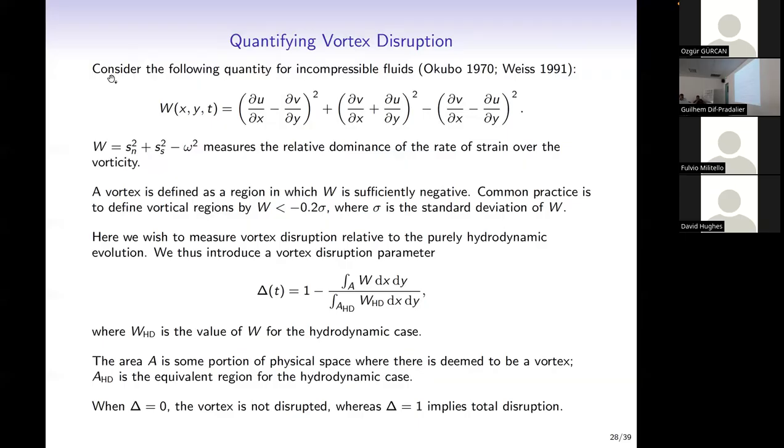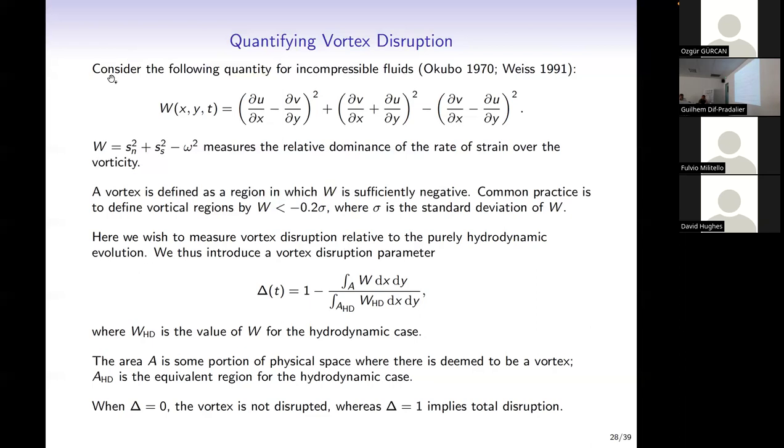So if you're purely hydro, obviously this is 0. There is no disruption. At the other extreme, when delta is 1, then you've got full disruption.